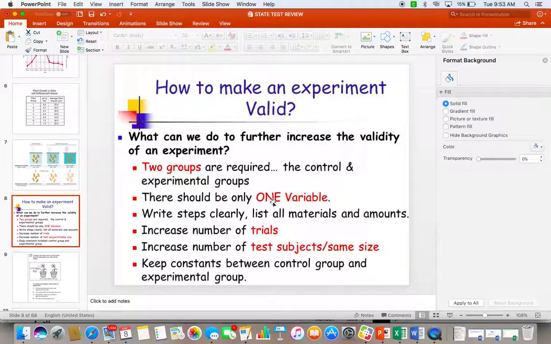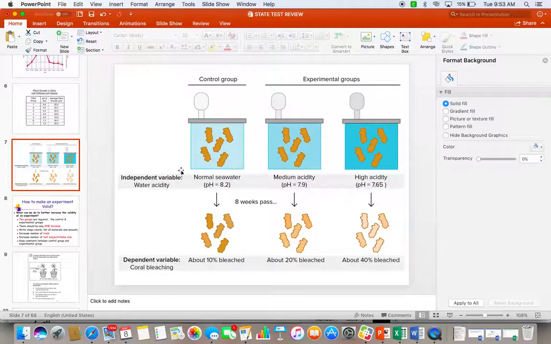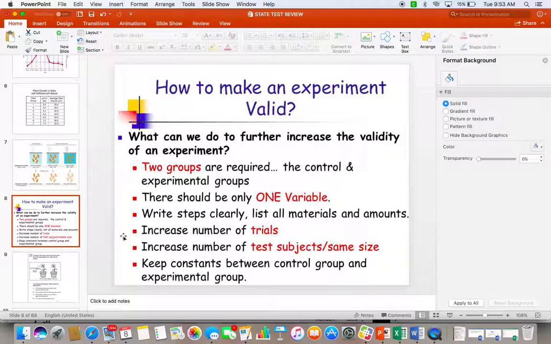We need to have everything listed out very clearly and make sure that we have the same everything in all groups and in same amounts of everything. So in this experiment we had same amount of water, same apparatus. We keep them in the same environment, the same number of coral pieces and whatnot.